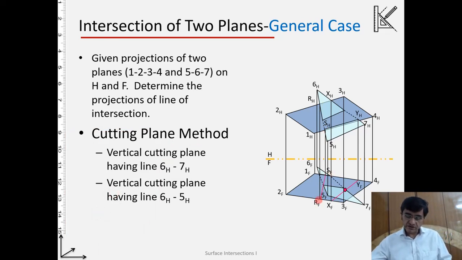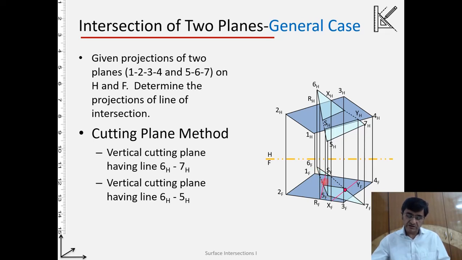So this is the projection on the frontal of the cutting plane where it is cutting the 1 2 3 4, the vertical cutting plane, which consists of line 6 5.